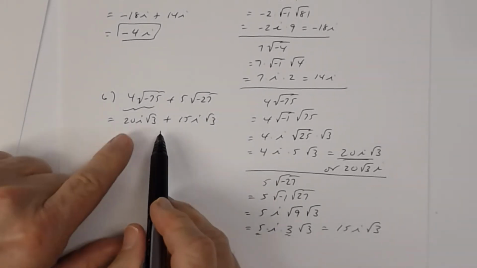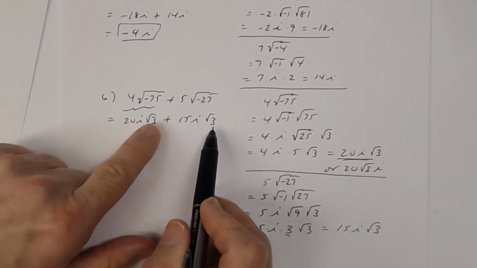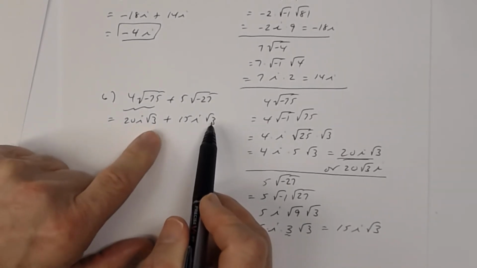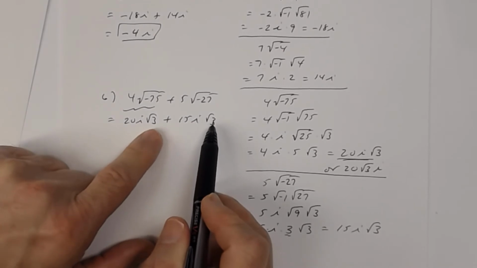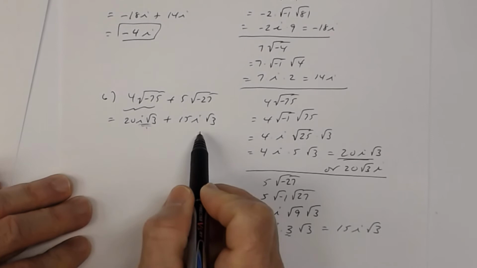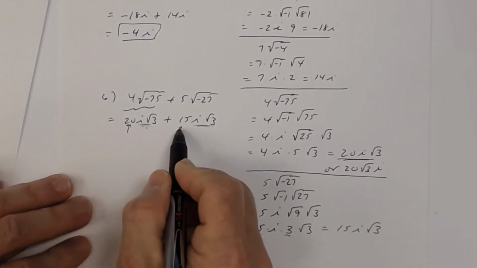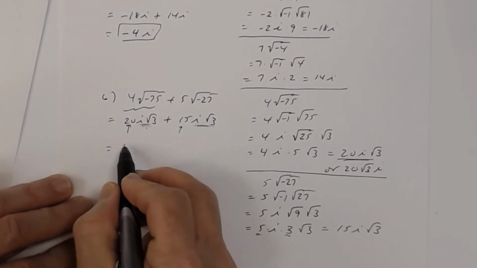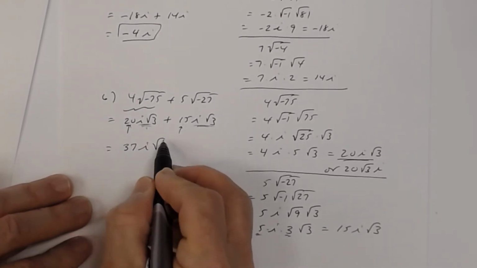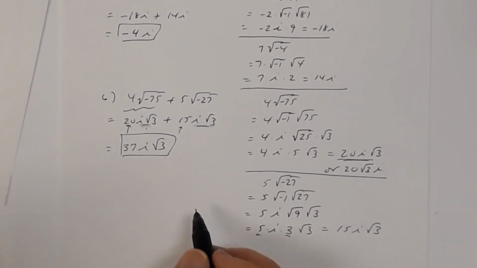Now notice those are like terms. Those are like terms because of several reasons. You have an I in both of them, and the square roots are the same. So the radicands of the square roots are the same. They're both 3's. So I have 20I square root of 3's, and then I have 15I square root of 3's. So altogether, 20 plus 15 will give me 37I square root of 3's. Okay, so that's that one.